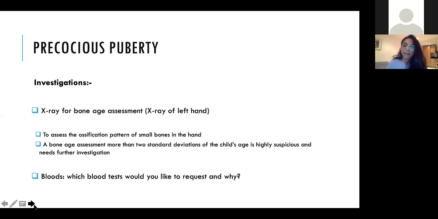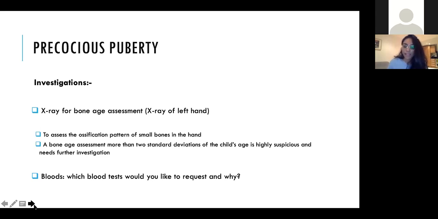You need to think about other causes, such as congenital adrenal hyperplasia, which basically affects the production of androgen, aldosterone, and cortisol. It's a huge topic on its own, but essentially it can range anywhere from asymptomatic to life-threatening.